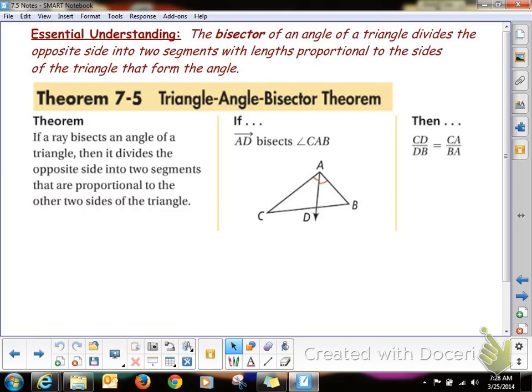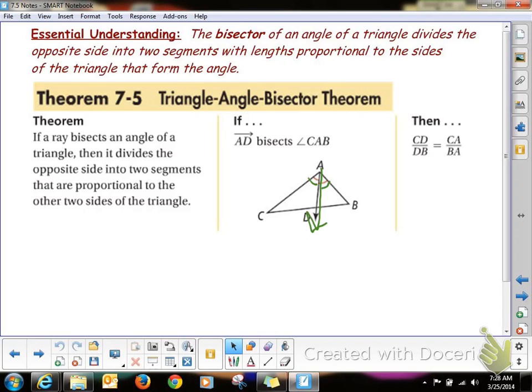The next theorem we're going to explore is the Triangle-Angle-Bisector theorem. Bisect, remember, means to cut equally into two congruent segments. So the bisector of an angle of a triangle divides the opposite side into two segments with lengths proportional to the sides of the triangle that form the angle. So in this theorem, this ray AD bisects this angle CAB.